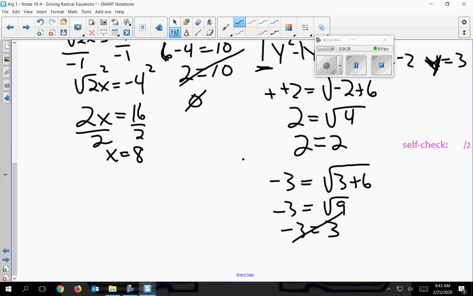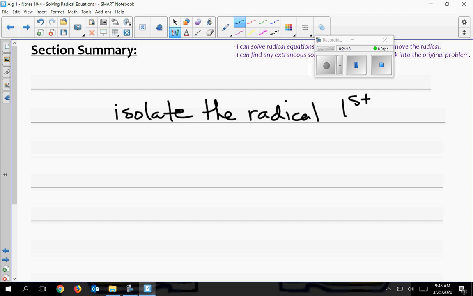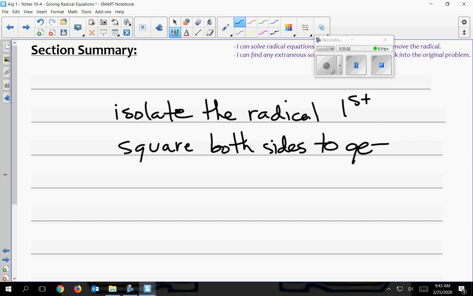All right, so your section summary, we want to make sure that we isolate the radical first. We want to square both sides to get rid of the radical.